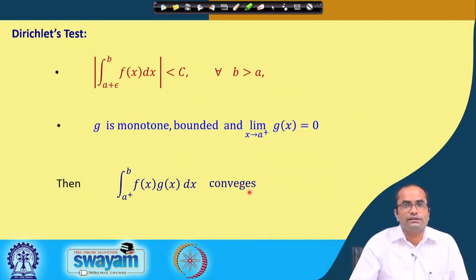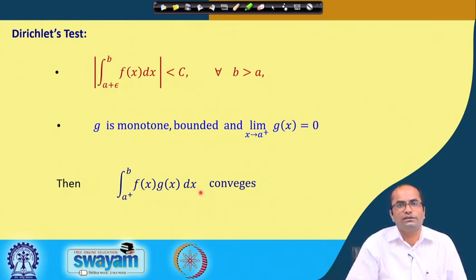So, this Dirichlet test is useful when we have this kind of product, where one function is monotone, bounded and approaching 0, and the other integral is uniformly bounded. In that case we can use this test to prove convergence when we have this product in the integrand.